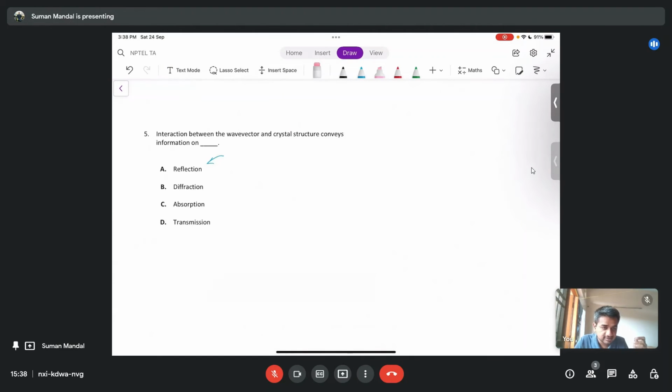So it can be either reflected or diffracted. Reflection is a surface phenomenon, and it is seen at all angles.